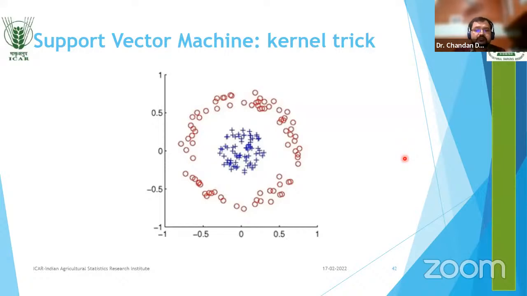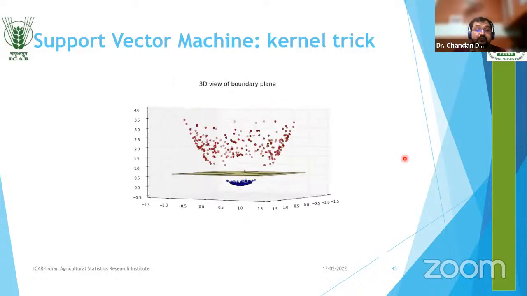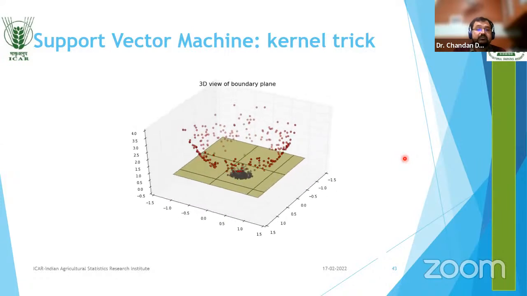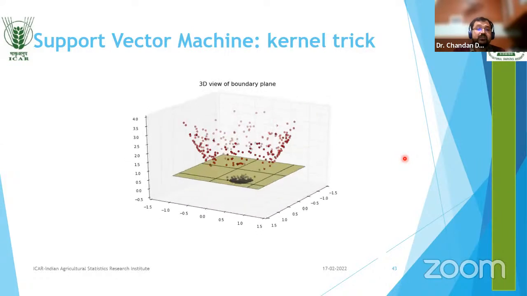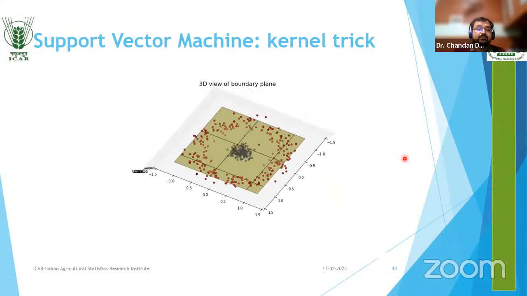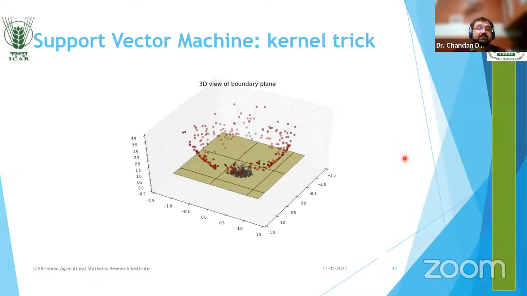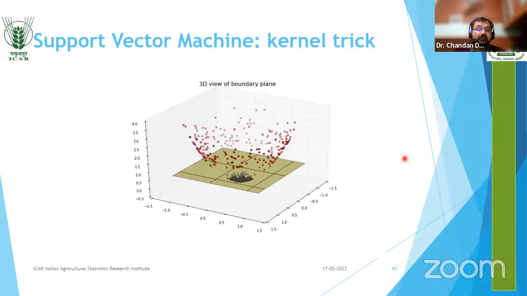It is difficult to say what kind of classifier can classify these two classes. But if we see this data in a 3D view, then we can easily identify the difference between these two classes.